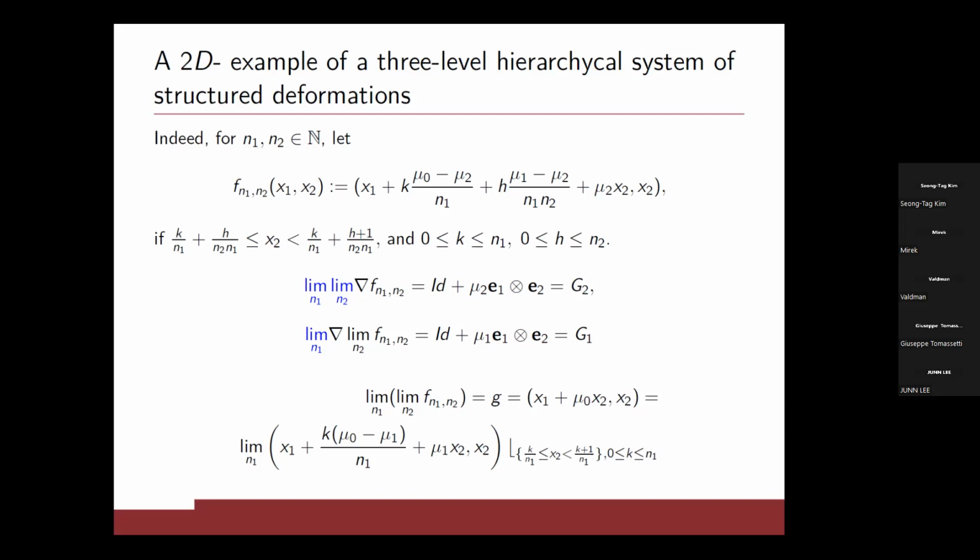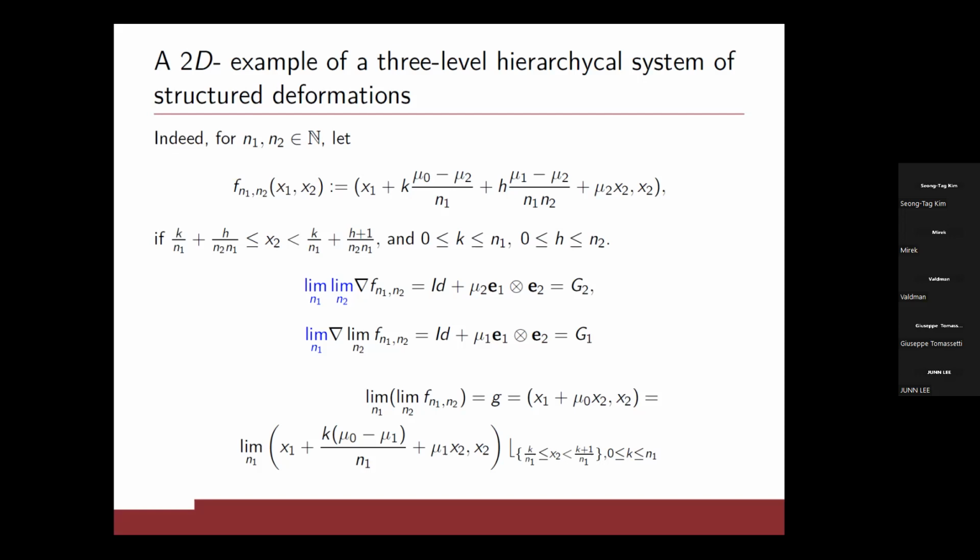And then you can look at the smooth deformation gradient of these Fn1, Fn2, and then you can send the limits, first in N2 and then in N1, and this gives you the field capital G2. So you see at the macro level what is due to the smooth change at the micro level, let's say level 2.